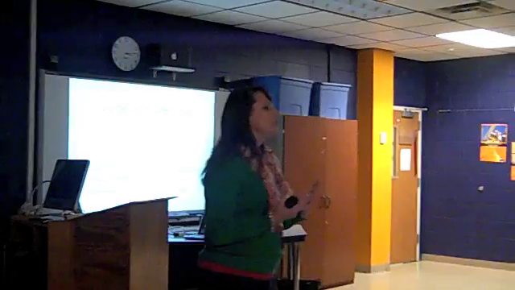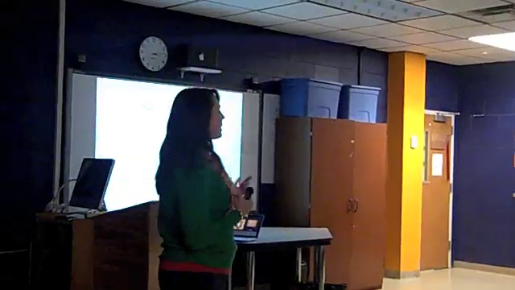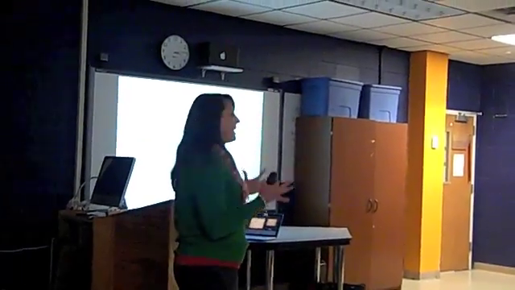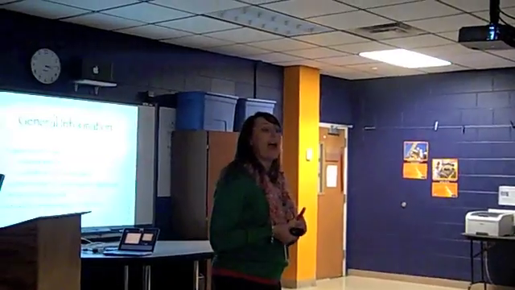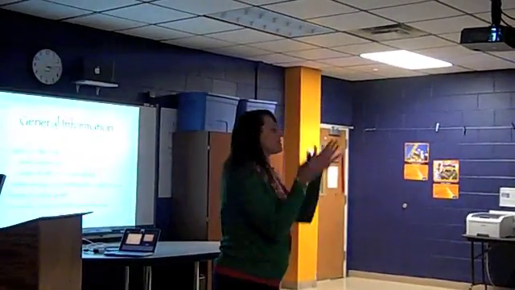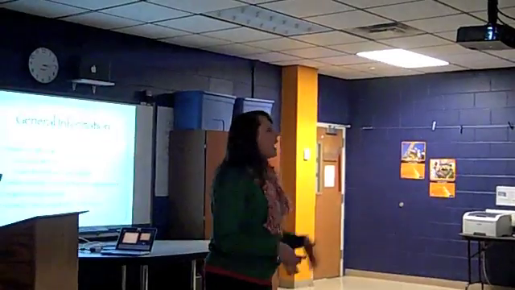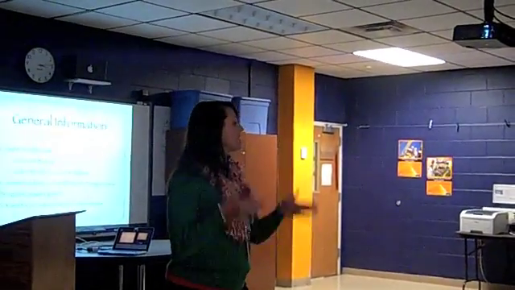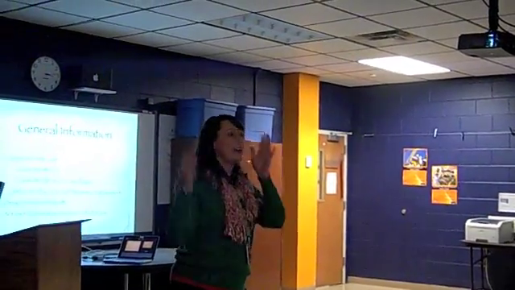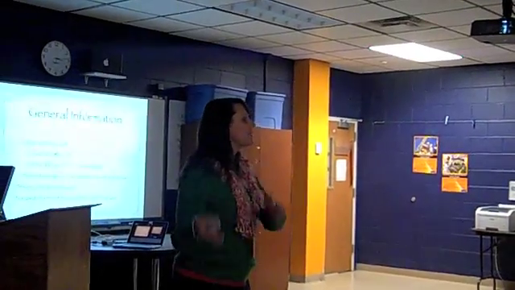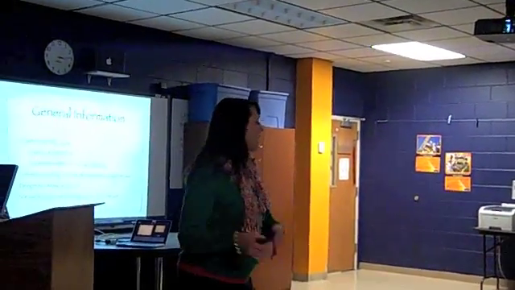Another big change with Georgia Milestones that's going to affect us greatly in elementary school is that the reading, the language, and the writing are all combined into one single measure. Whereas in the past, CRCT had a reading test, and you got a reading score, and then a language test, and you got a language score, and then 3rd grade and 5th grade, you had a completely separate writing test, and you got your writing score from that.